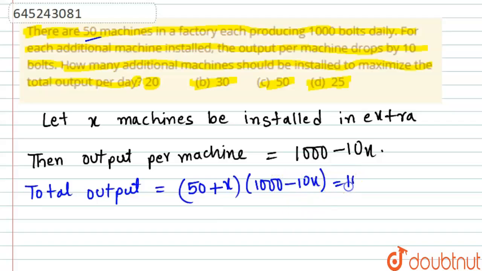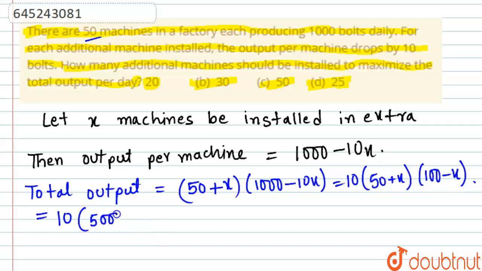So this is finally 10 times 50 plus x times 100 minus x. After multiplying them together, this becomes 5000 plus 50x minus x square, which is nothing but 10 times.